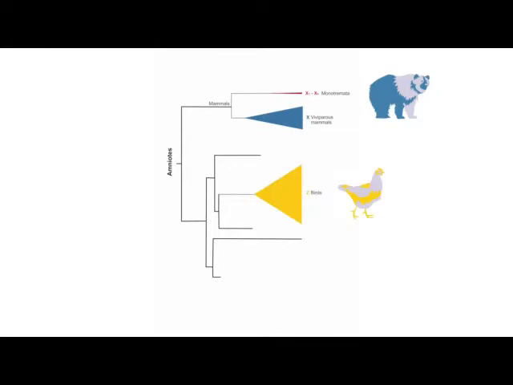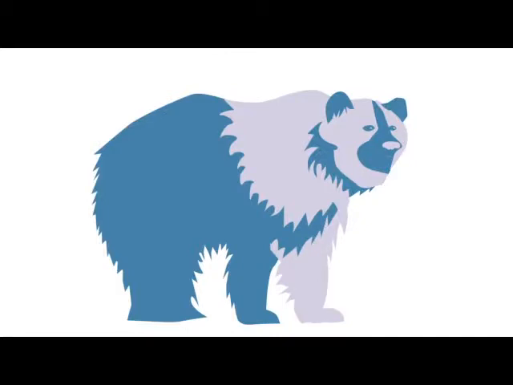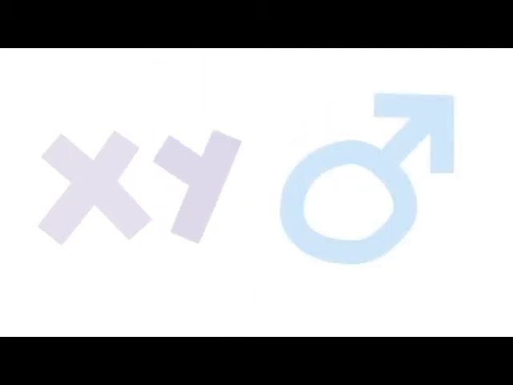So first, amniotes is a group of vertebrates to which belong mammals, birds, crocodiles, turtles, tuataras, and squamate reptiles. Let's start with something you are surely familiar with: the mammals. In mammals, the sex is determined by the X and Y sex chromosomes, where females possess 2 X chromosomes and males have 1 X and 1 Y chromosome.